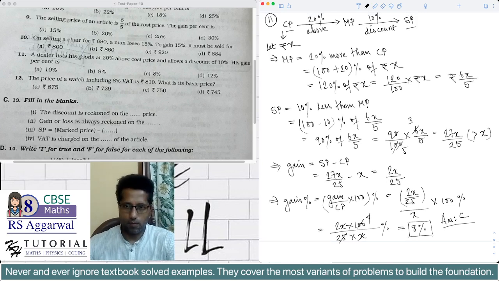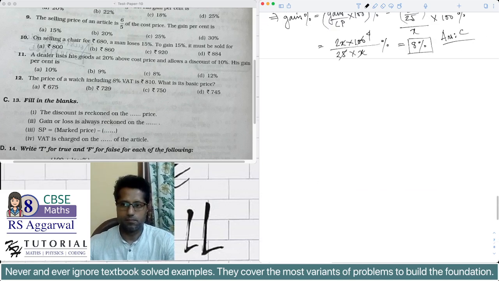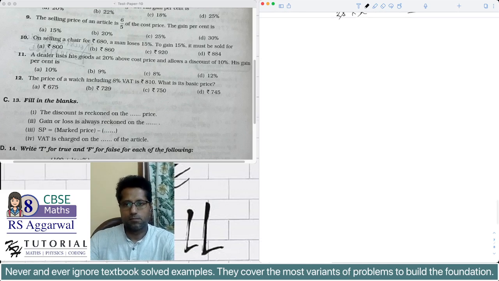Okay, let's do problem number 12. The price of a watch including 8% VAT is rupees 810. What is its basic price?